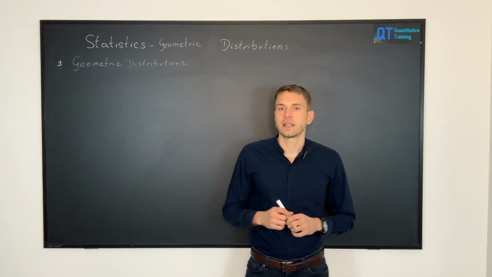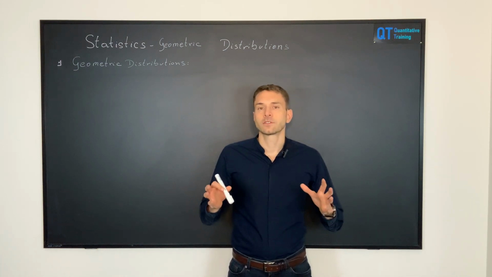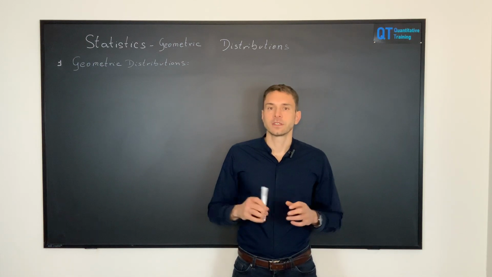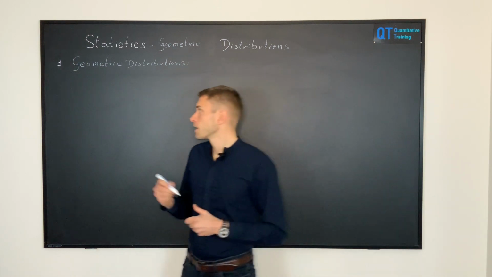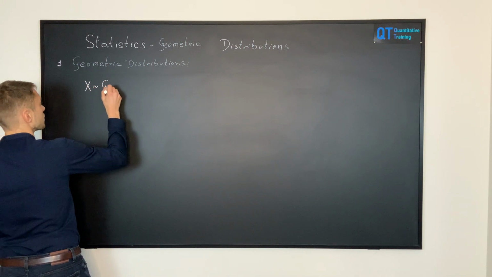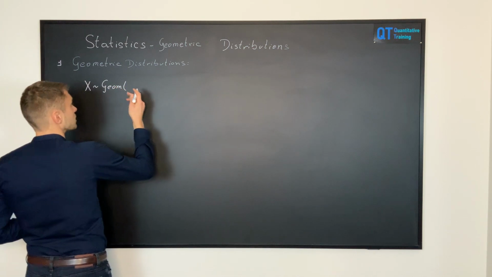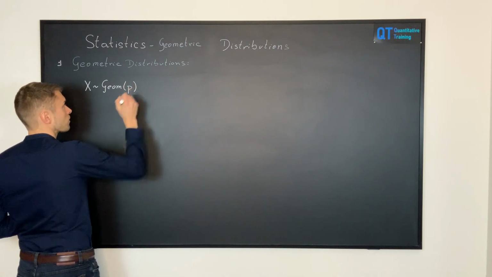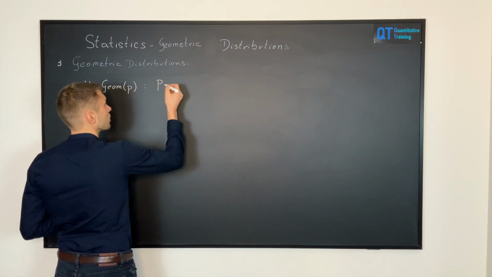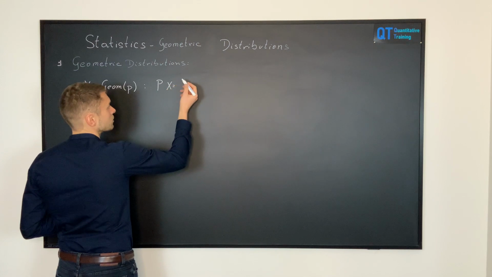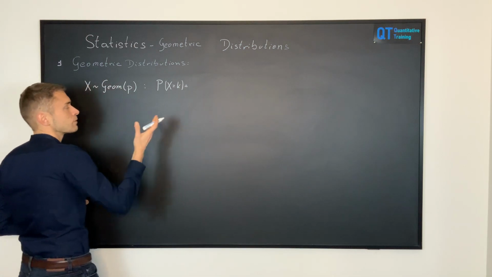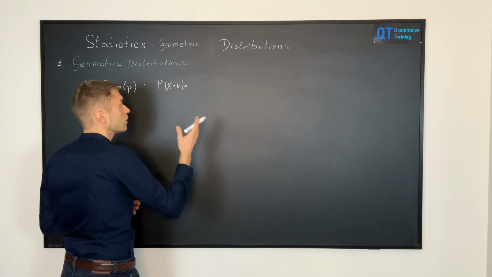To get started, let's write down the geometric distribution, the law that the random variables follow. So basically we have some random variable x which follows a geometric distribution with success probability p. And the associated probability law is: the probability that the random variable x equals k means that we obtain k minus 1 times no success.